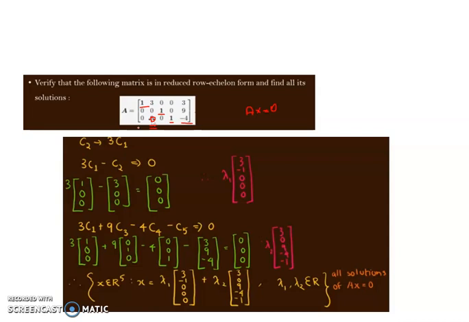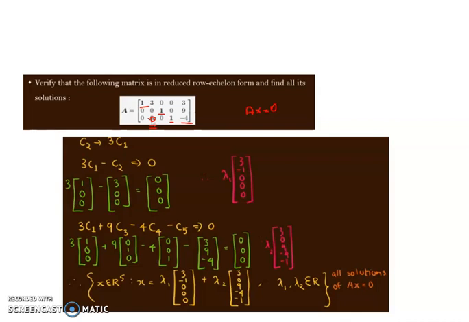For example, consider column 2. You can get this column 2 if you multiply column 1 by 3. Here only column 1 is considered. Why? Because you need to express the non-pivot column using the pivot columns that come to the left of the column we are considering.